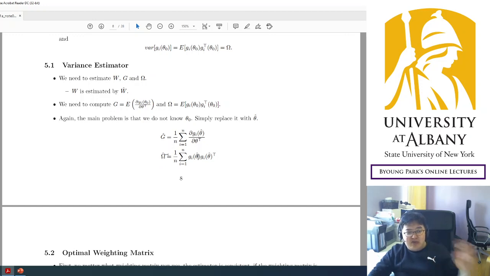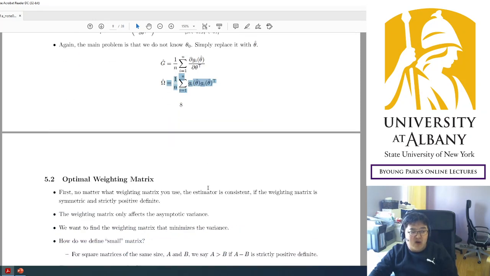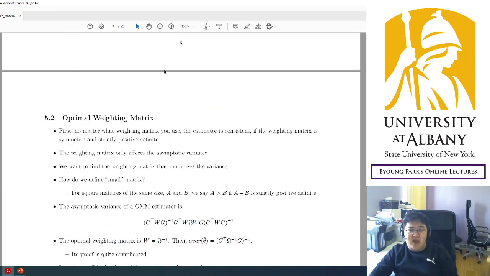That was okay in the section on variance estimation, because theta hat is available: we estimate the variance after estimating theta. Theta is estimated, then we study the standard error of that estimator, and you can use this. However, now we are studying the optimal weighting matrix.